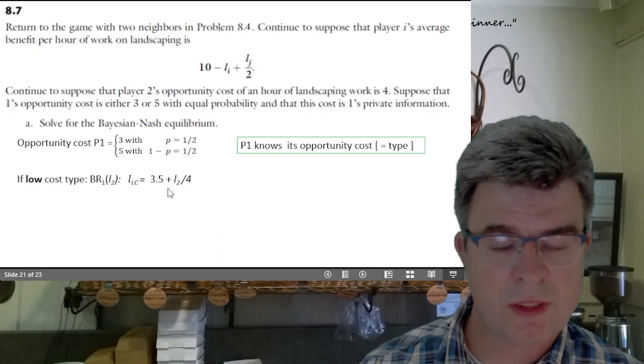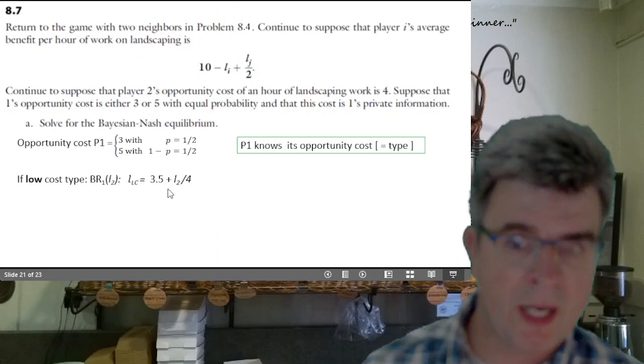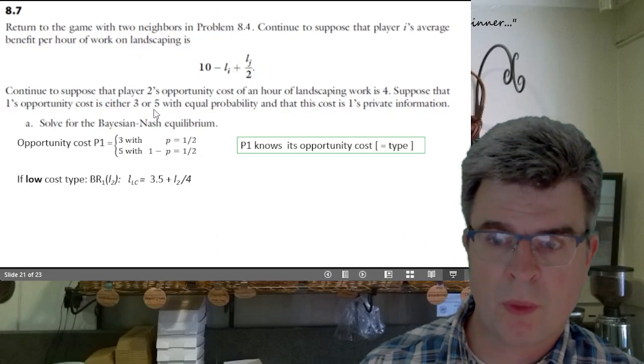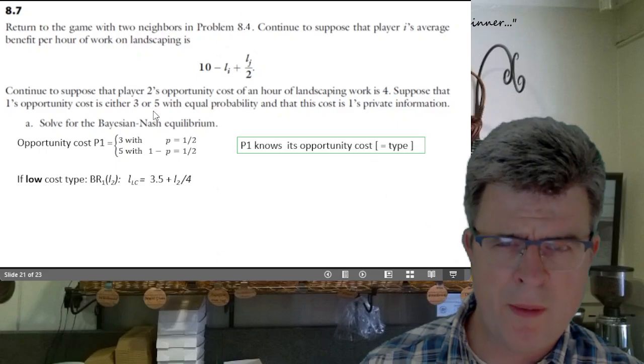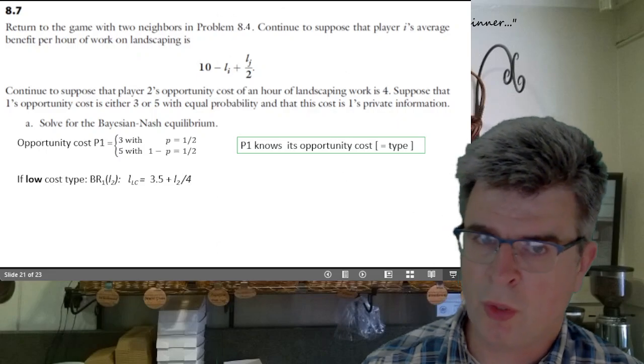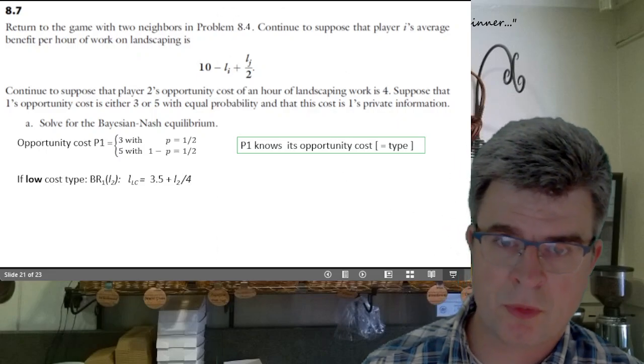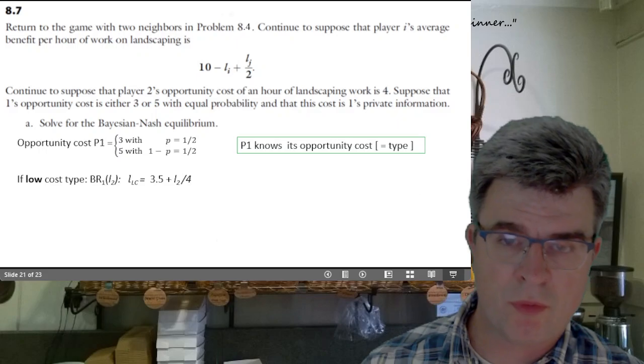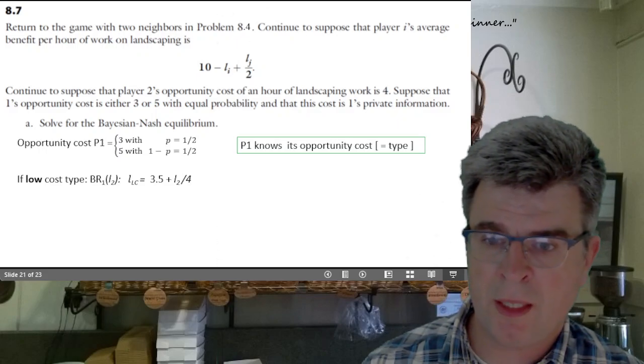If your marginal cost is higher, if you're of the high cost type, so your opportunity cost is equal to 5, then whatever the neighbor does, it's less attractive for you to work on landscaping. So you will provide less effort for any effort level provided by the neighbor.